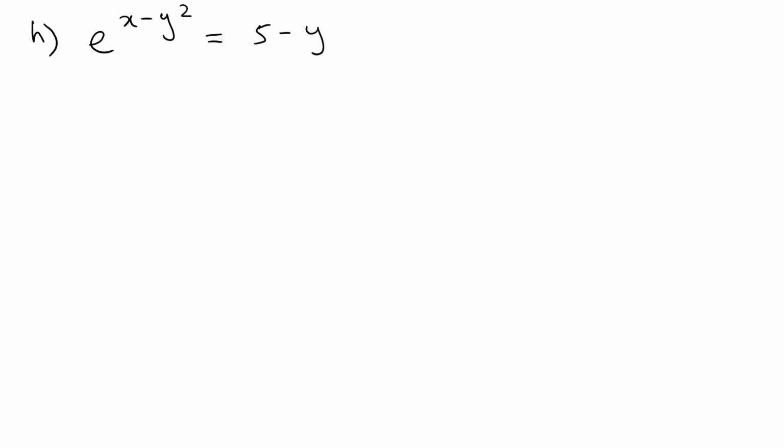As the next one, we have e to the x minus y squared equals 5 minus y. With this exponential function, we know the derivative of the exponential function is e to the x, you get it back.